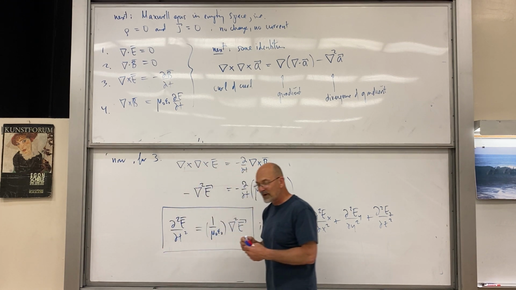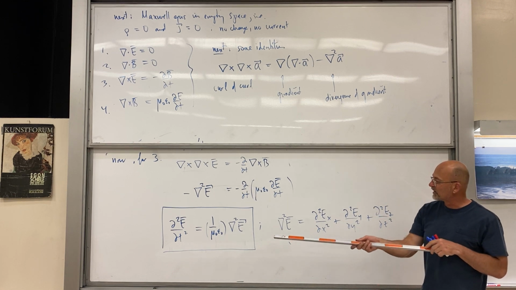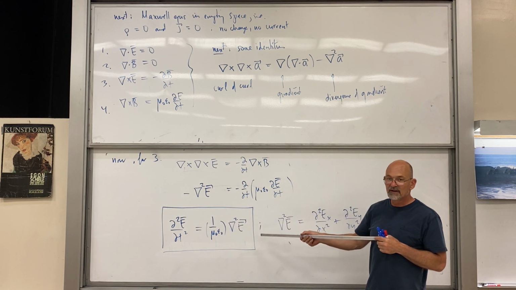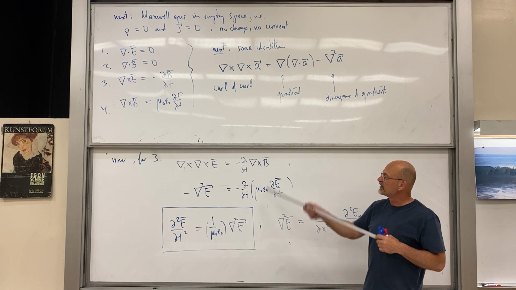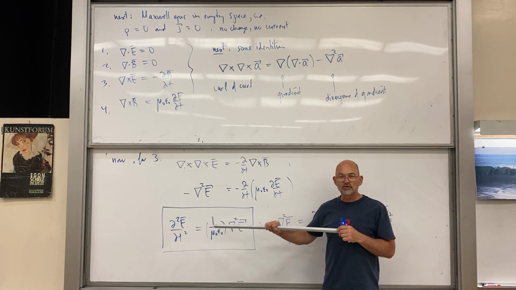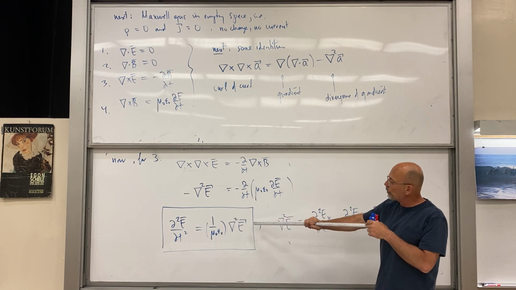So this is all theoretical work. This is the greatest theoretical work ever done, because what this is, is a wave equation. Okay. So all of these assumptions led to the idea that there could be electromagnetic waves. In other words, the electric field could propagate as a wave.